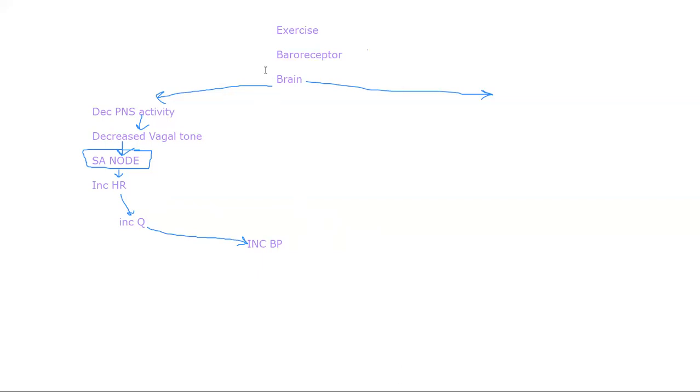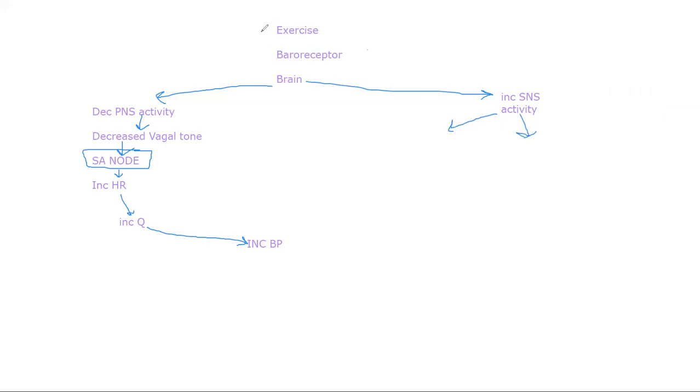Okay, what's the other way the brain can respond here? Sympathetic system. Increase or decrease activity? Increase sympathetic nervous system activity. How many different ways? Two. What are they?